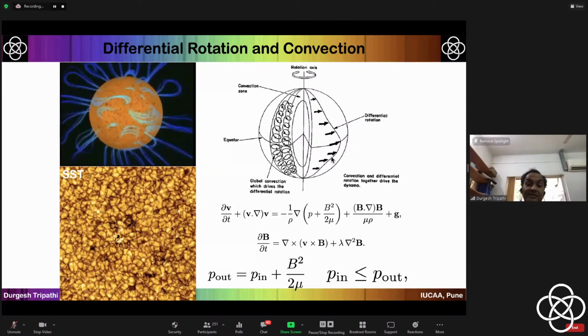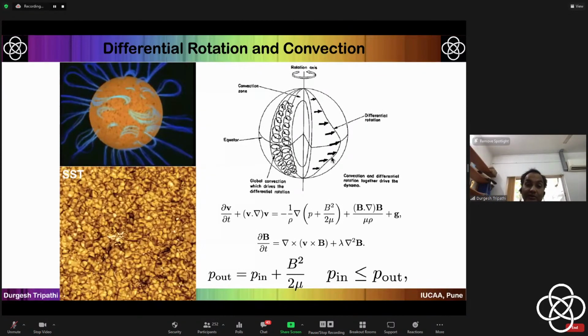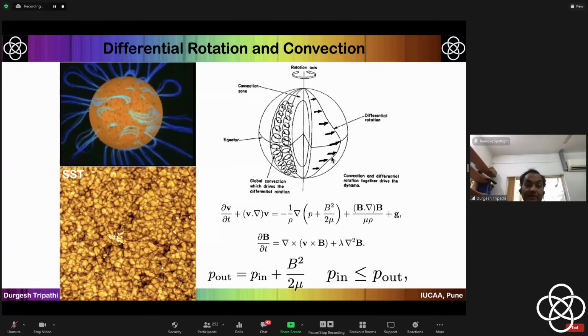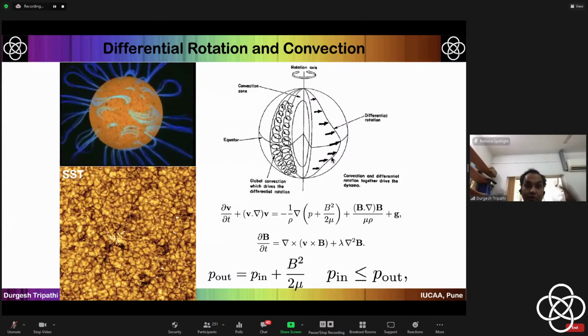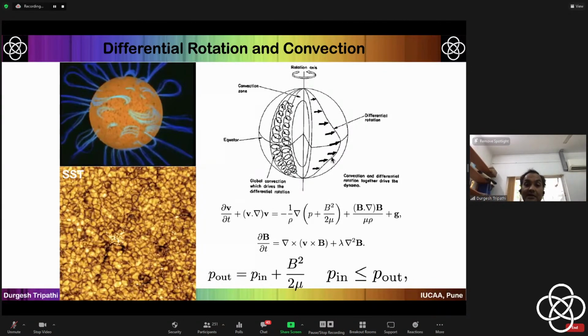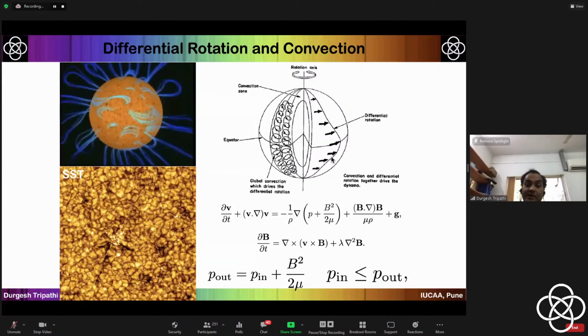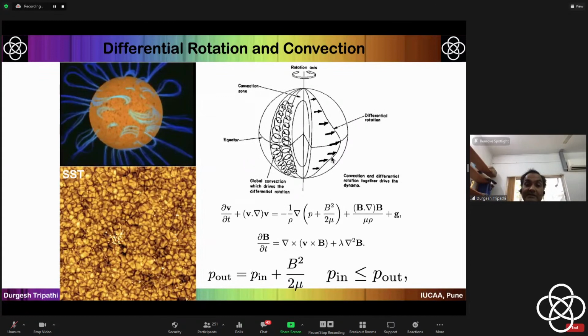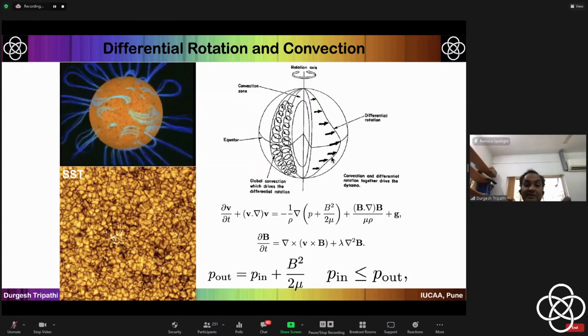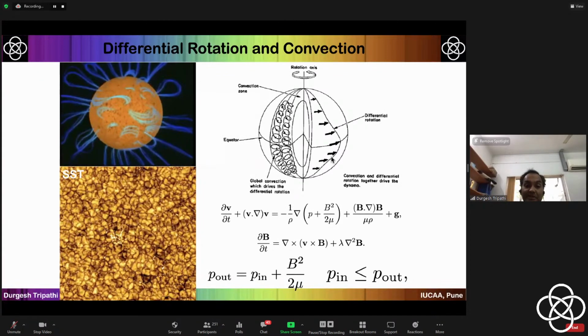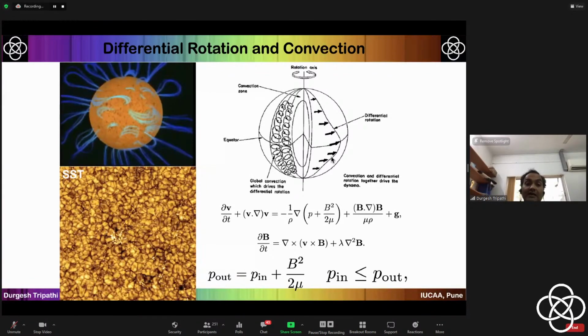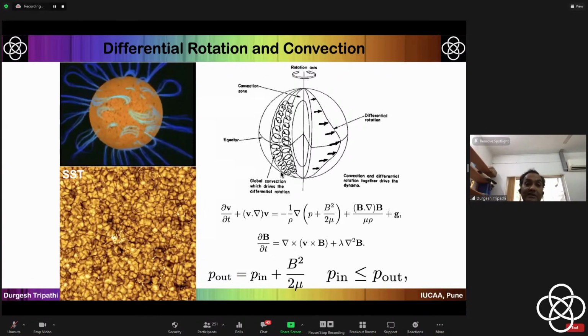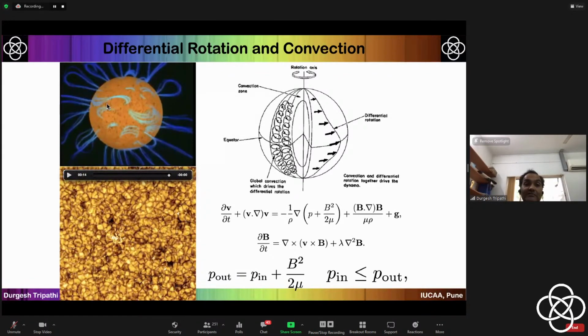Because if you take a balloon inside a swimming pool and blow, the balloon will come out because it grows, and because of the buoyancy, it just comes out. In a similar way, the flux tube will have a very strong magnetic field, so very small density, because the inside pressure and outside pressure have to be equal, and therefore the flux tube becomes buoyant and it just breaks out on the surface of the sun.